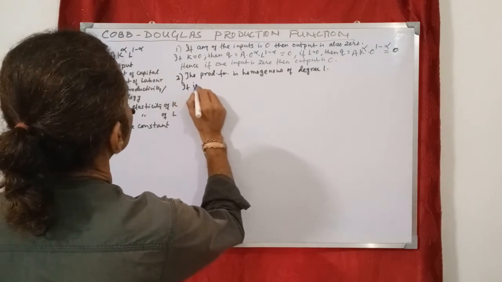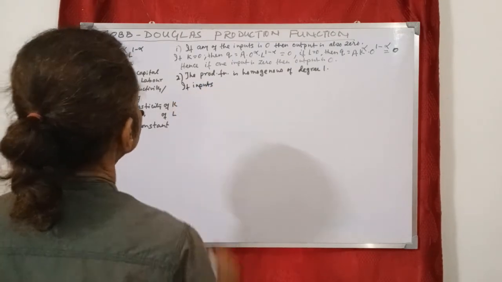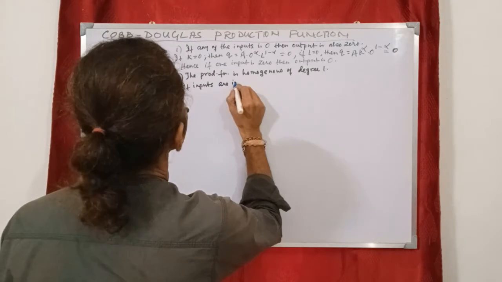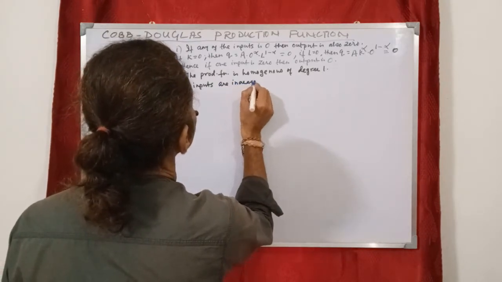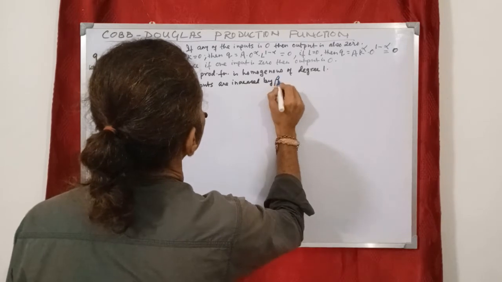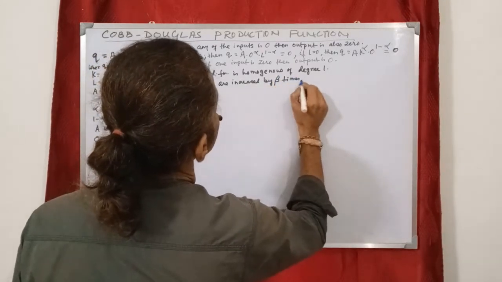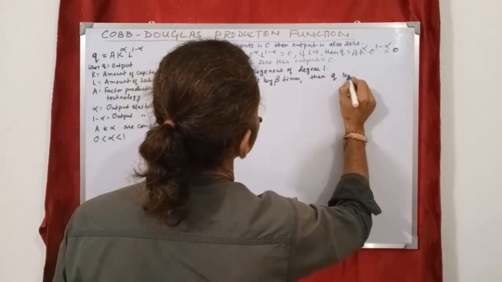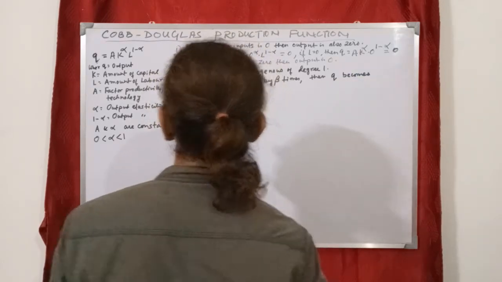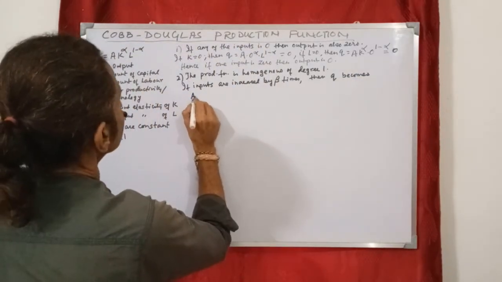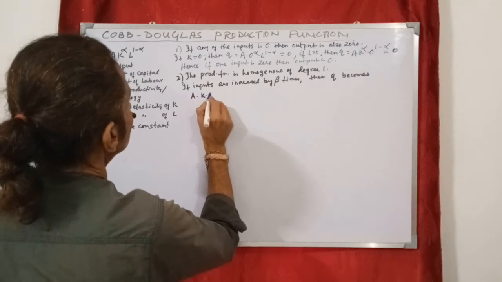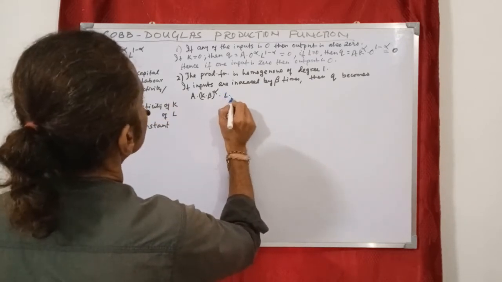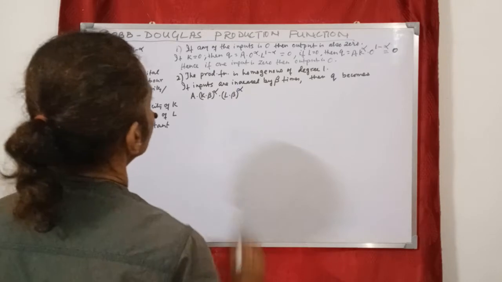If inputs, that is capital and labor, are increased by beta times, then Q becomes A into (K into beta) to the power alpha, (L into beta) to the power 1 minus alpha.